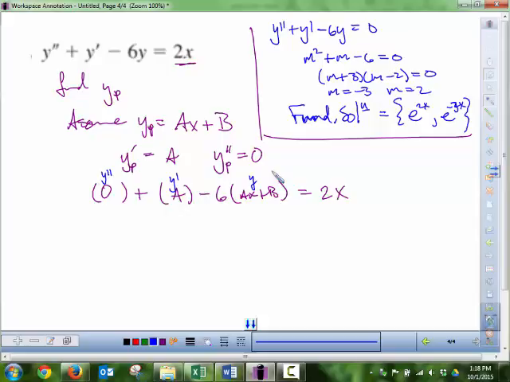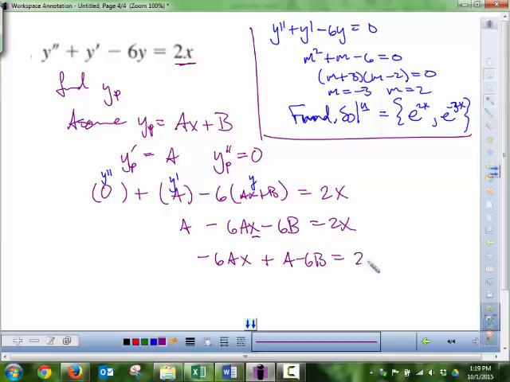And then we attempt to solve for a and b. Does it look familiar? A minus 6ax minus 6b is equal to 2x. If you arrange it so that the coefficients match up, negative 6a times x plus a minus 6b is equal to 2x plus 0.